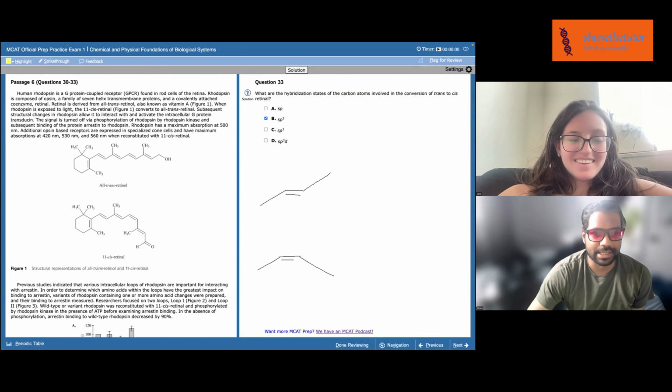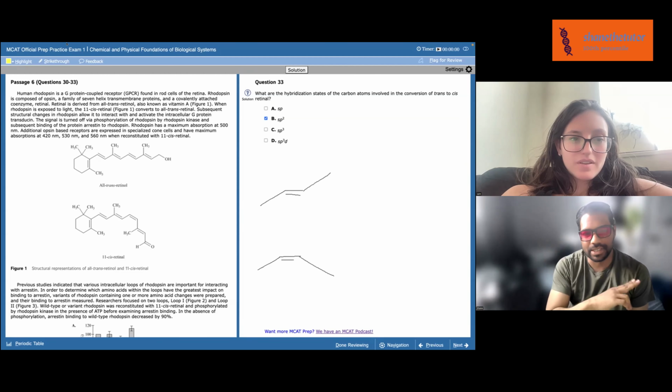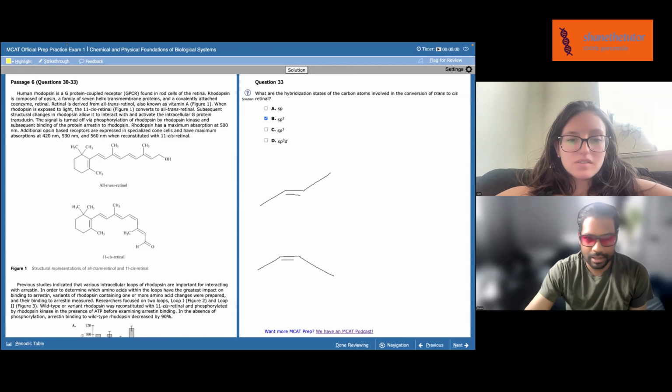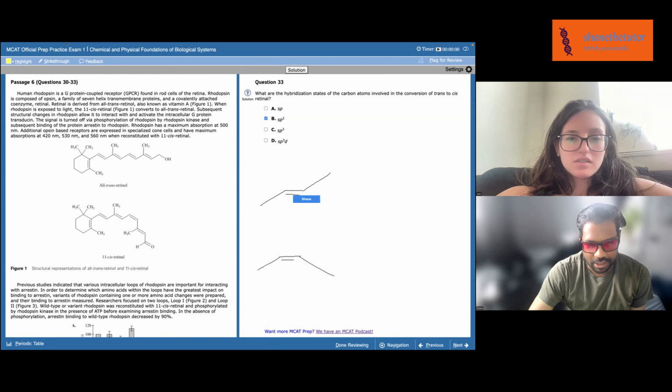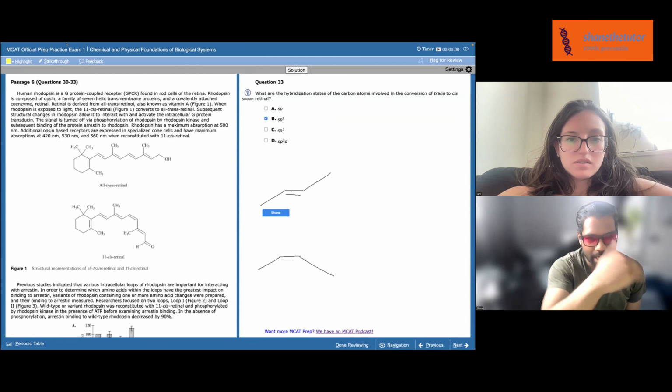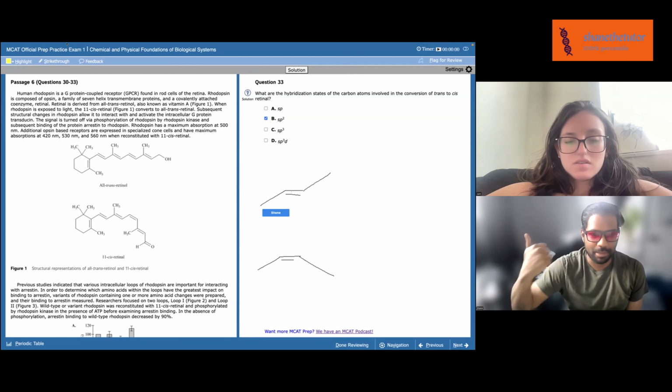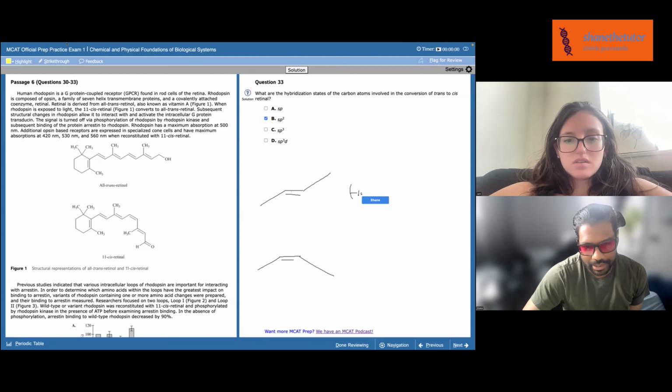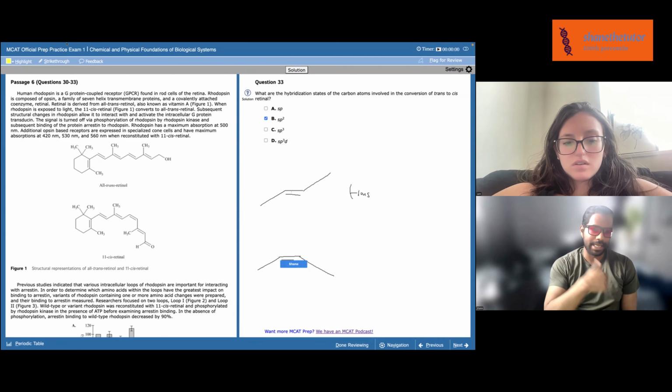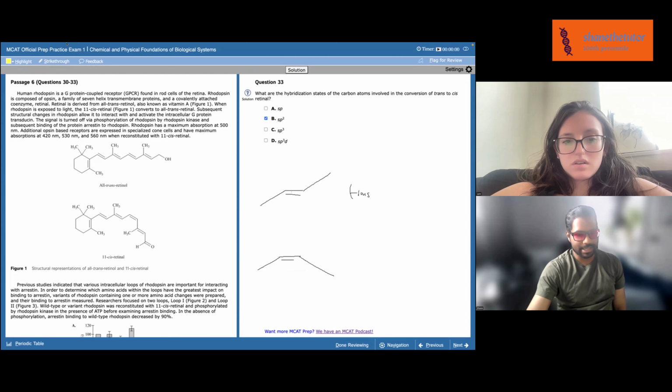So for figuring out trans versus cis, you want to think about what's on the left side of the double bond and what's on the right side. Here, the left side of the double bond has something down, and the right side has something going up. So this is trans. But for this one, the left side is going down, the right side is going down. That's cis, right?